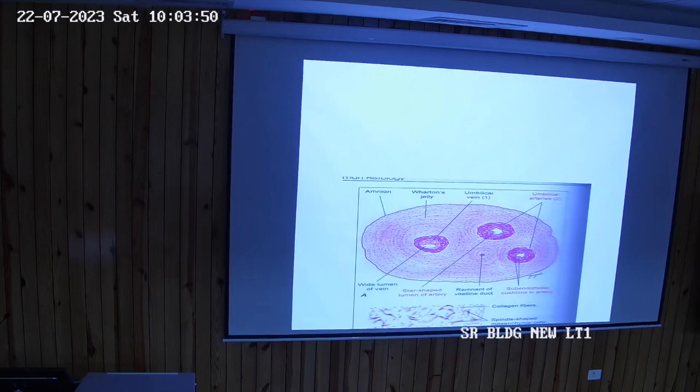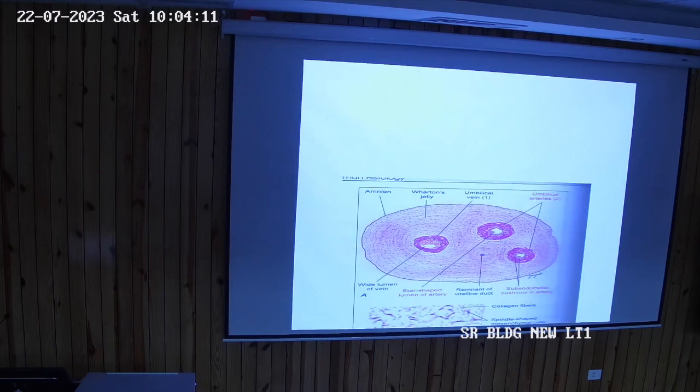Now, the slide is very simple. If you find such a picture, two umbilical arteries and one umbilical vein, it is nothing other than the umbilical cord. Don't say anything else.